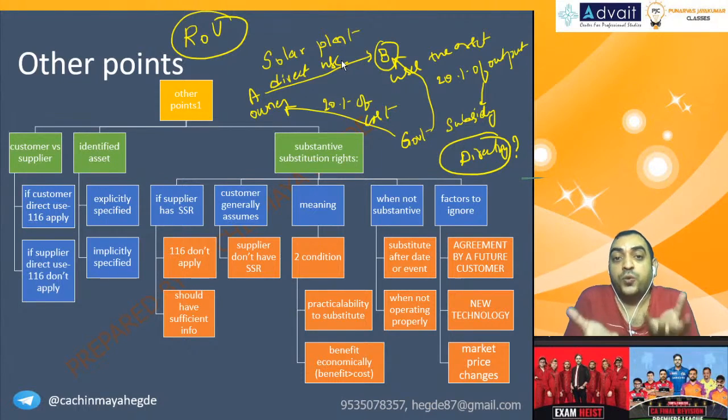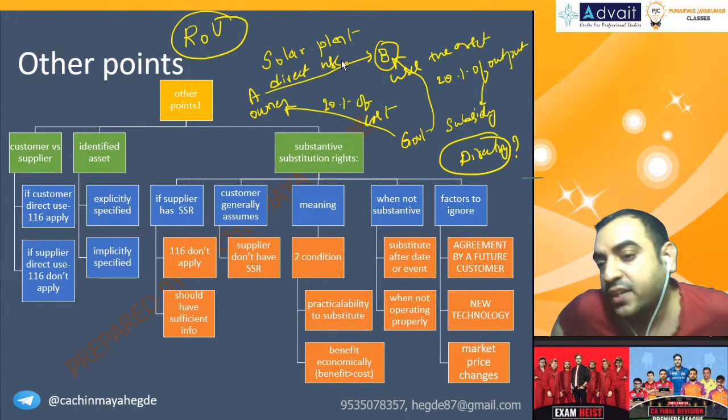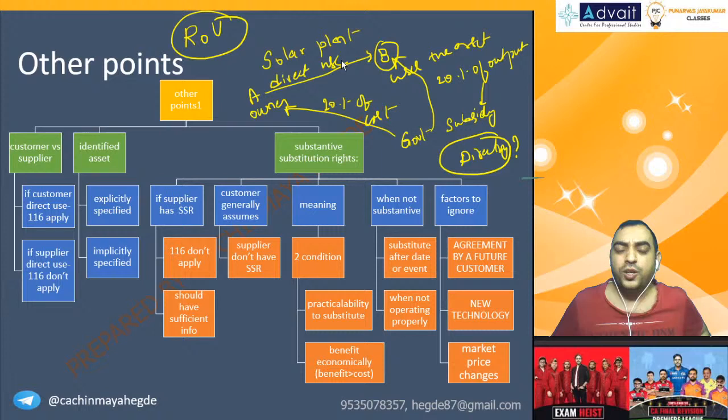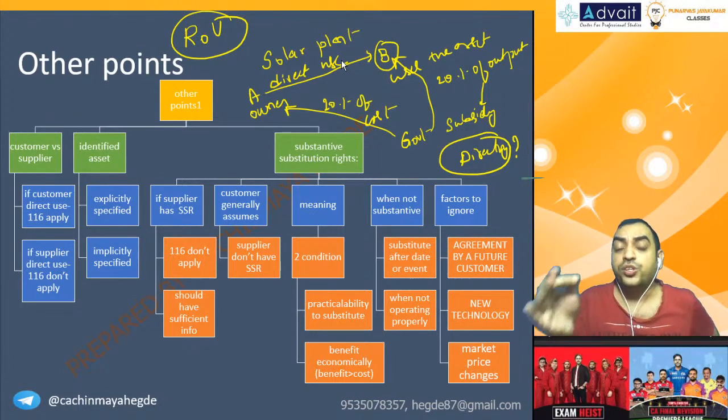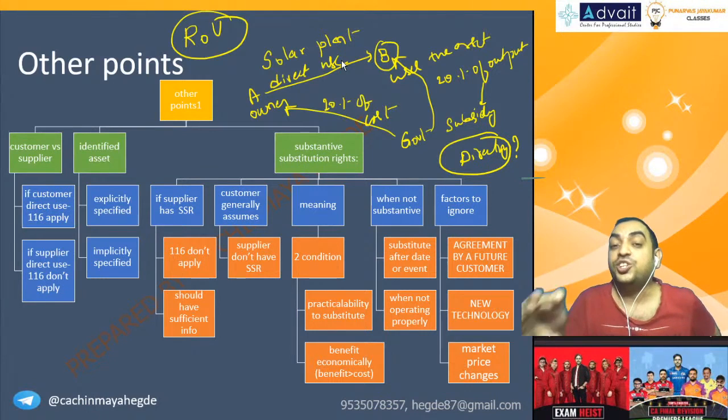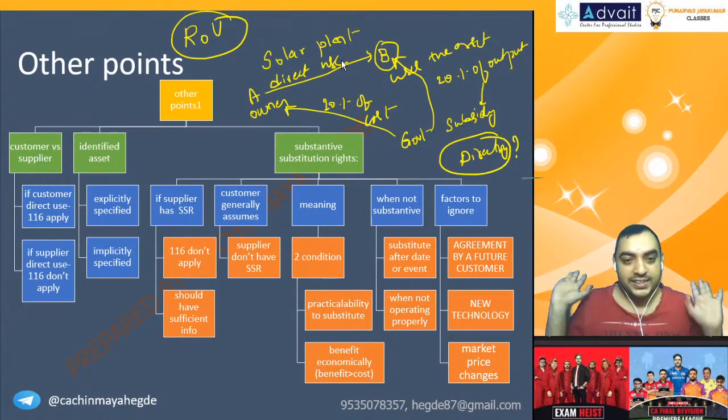Hope you got the difference between the supplier versus customer relationship. Important here: the single point of principle is who controls use? ROU, right of use. That's it.